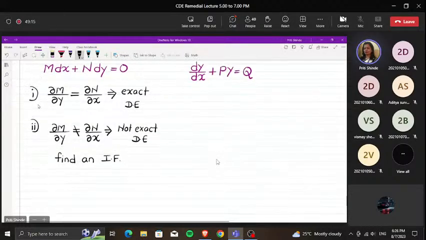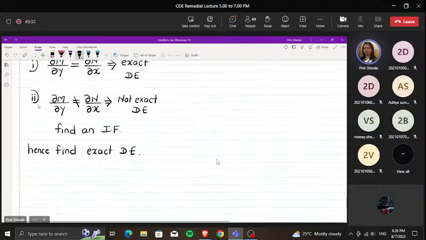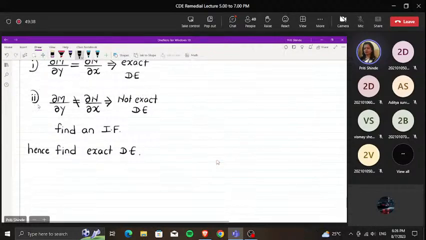Once you find your integrating factor, hence find the exact differential equation: multiply your non-exact differential equation by the integrating factor. Once your differential equation is exact, find your general solution by using the formula.